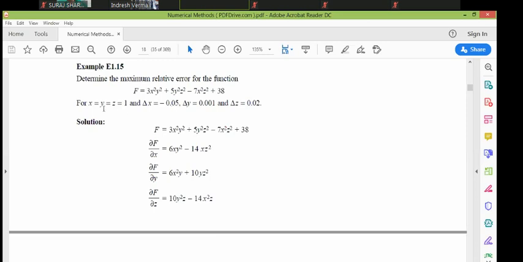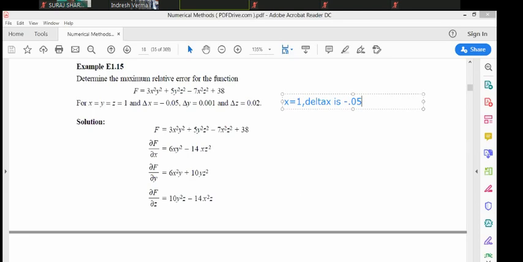If x is equal to 1, then if error delta x is equal to minus 0.05, where delta x is minus of 0.05.